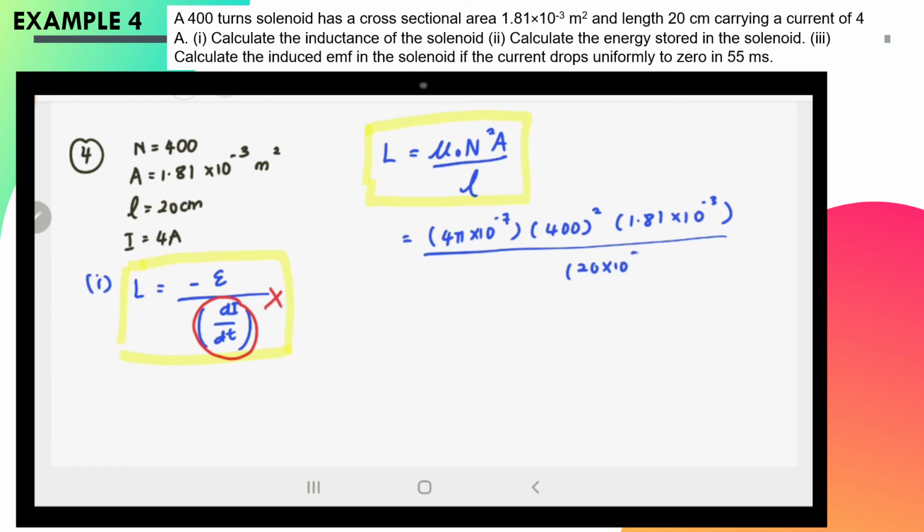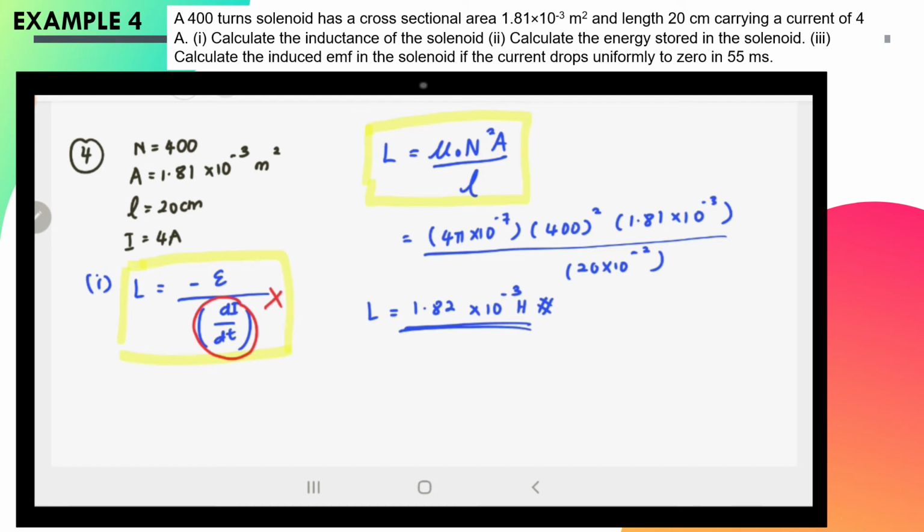So press your calculator. L is equal to 1.82 exponent negative 3, and the unit is Henry. Don't forget the unit.